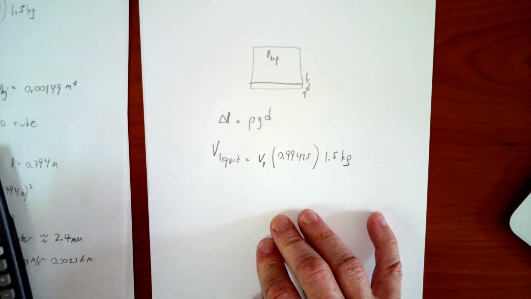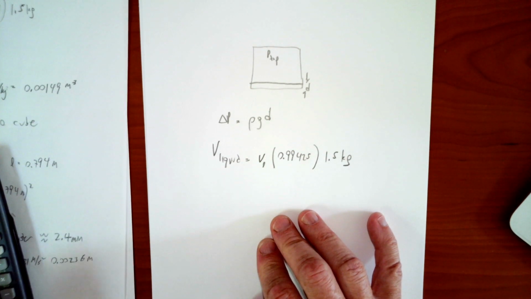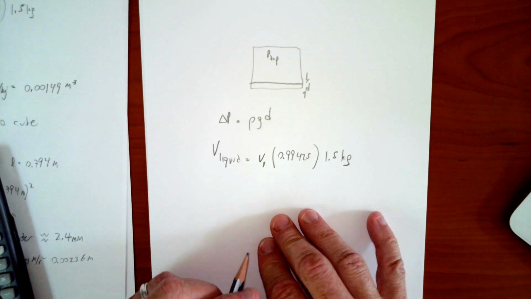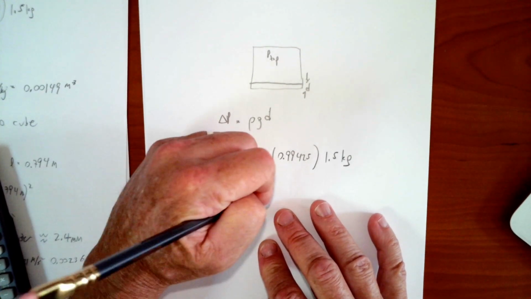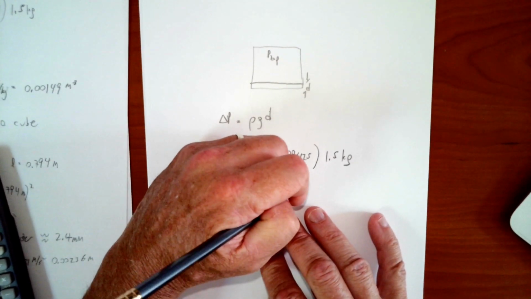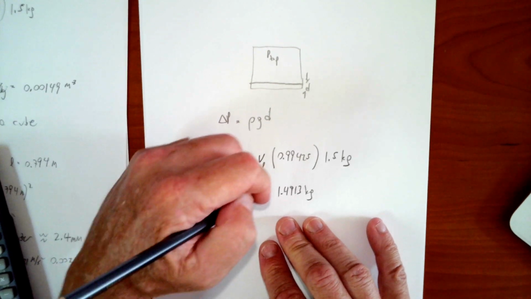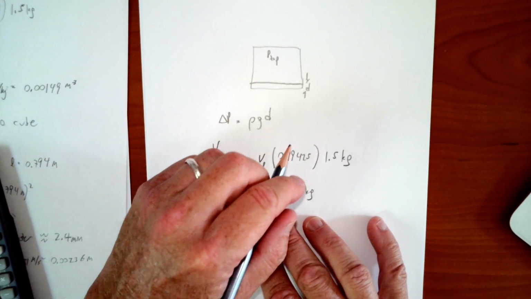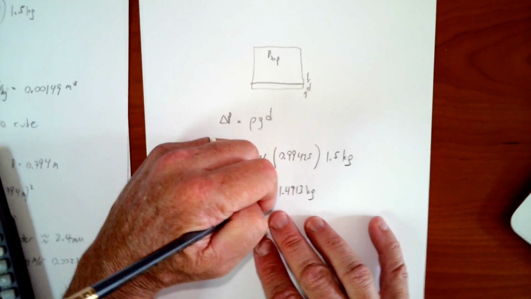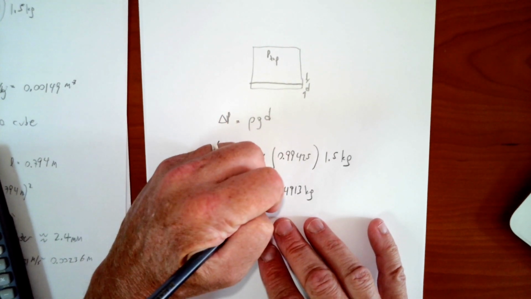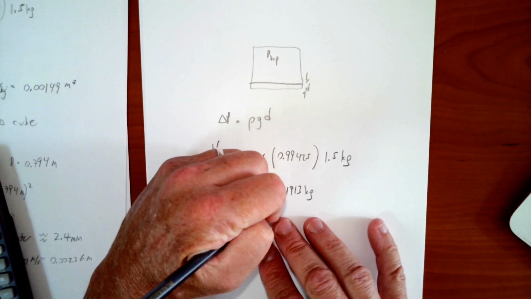So that's going to come out to be 0.99425 times 1.5, 1.4913 kilograms, times this specific volume of the liquid, which is just 0.001 meters cubed per kilogram.